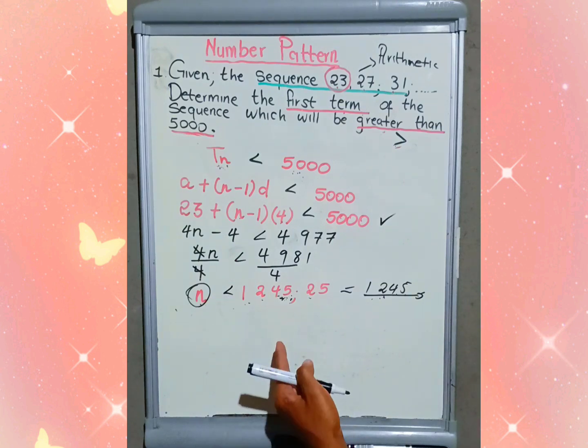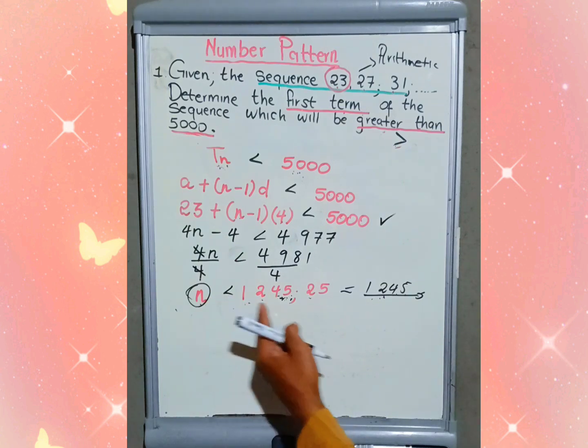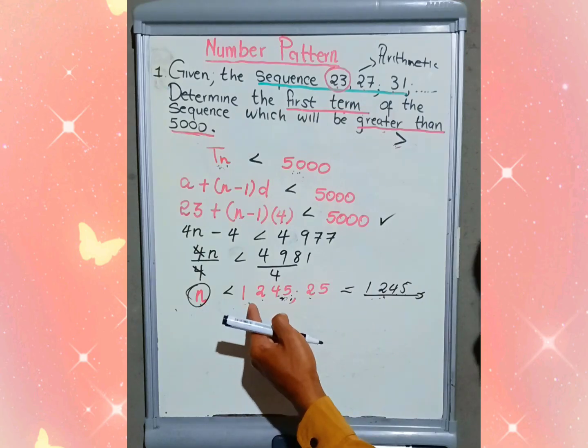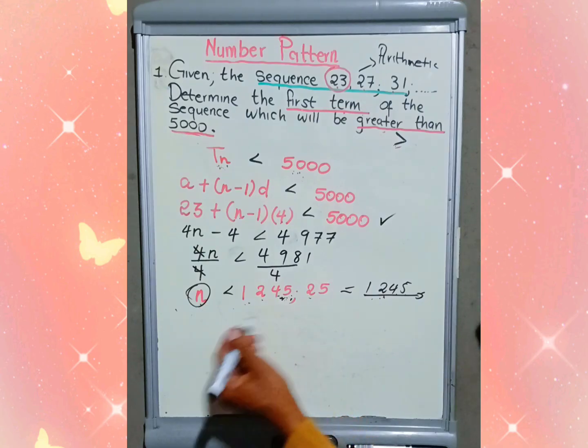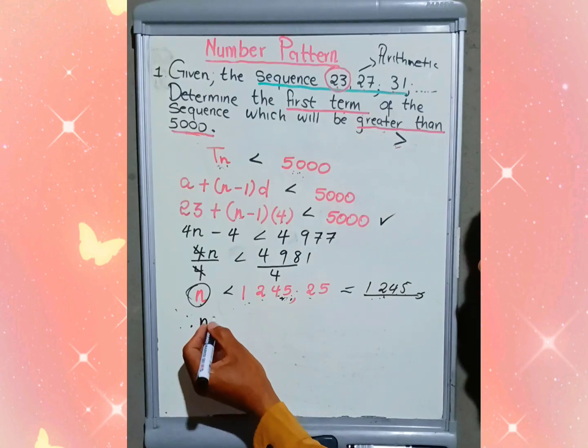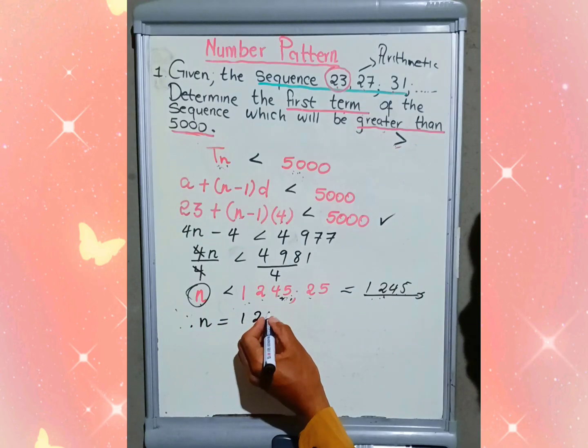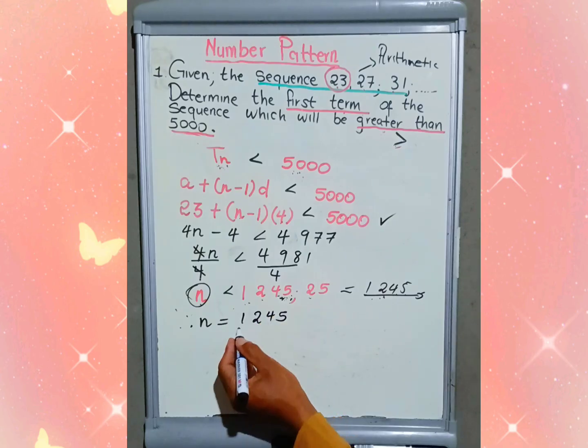Then after that, since this number is greater than n, n is less than 1,246, and 1,246 is greater than n, therefore n is supposed to be equal to 1,245.